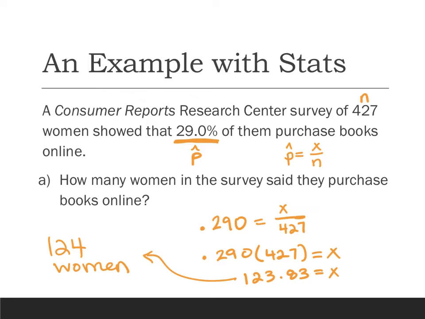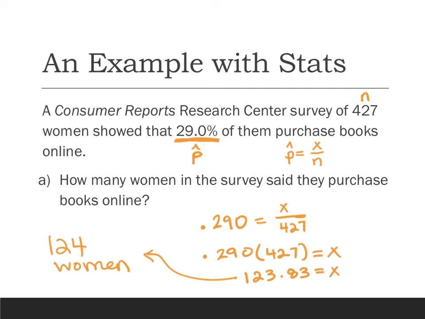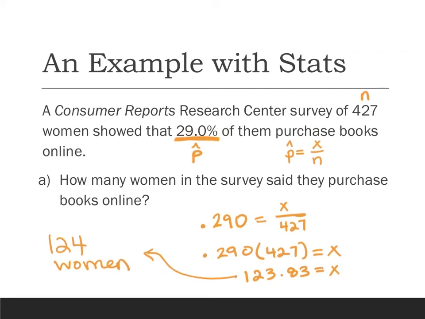But when we calculate that, when we take 124 divided by 427, we get 0.2903. So let me see if I can slide. Oh, no, I can't do that. I'll change colors.